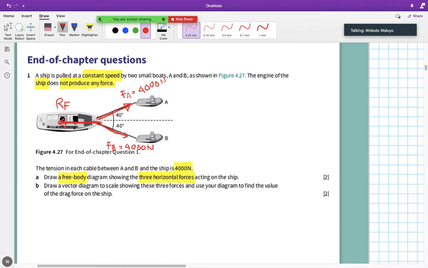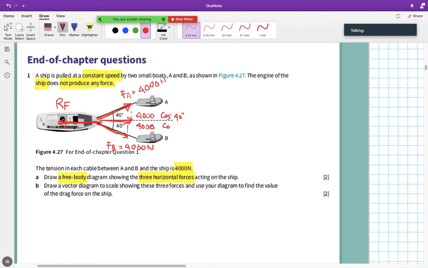Okay, draw a vector diagram to scale showing the three forces, use the diagram to find the value of the drag force on the ship. Oh, I see. This one. We need to split into x and y. Here is 4,000 cos 40. This is also from this.